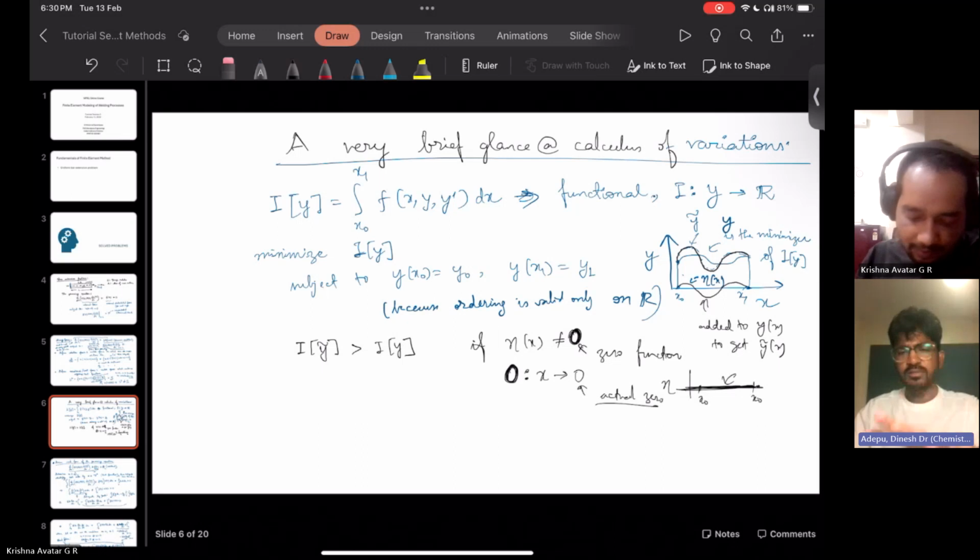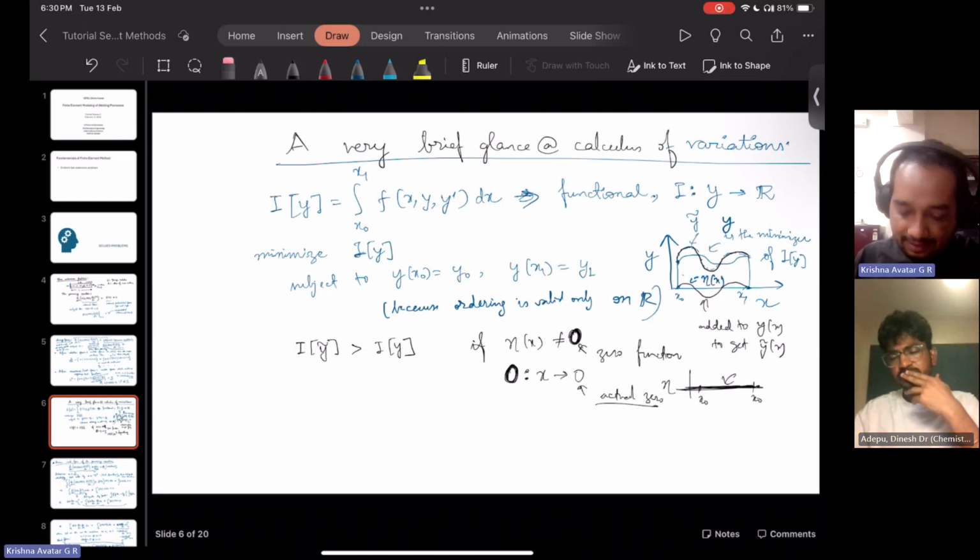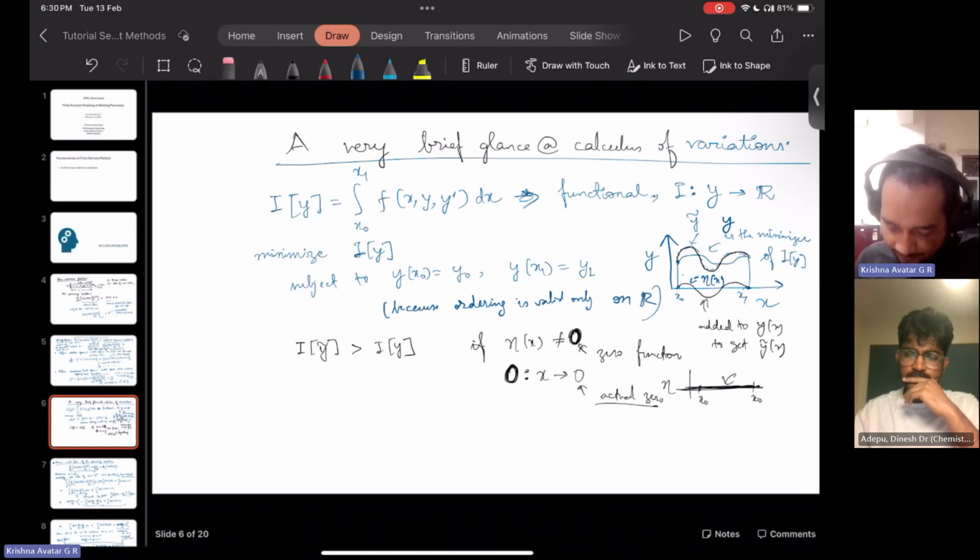I got it. In a similar analogy, you have a test function space where it is zero at the boundaries. So we know that y at x equal to 0 is y naught, as I have written here, which means this is prescribed, and this is also prescribed.